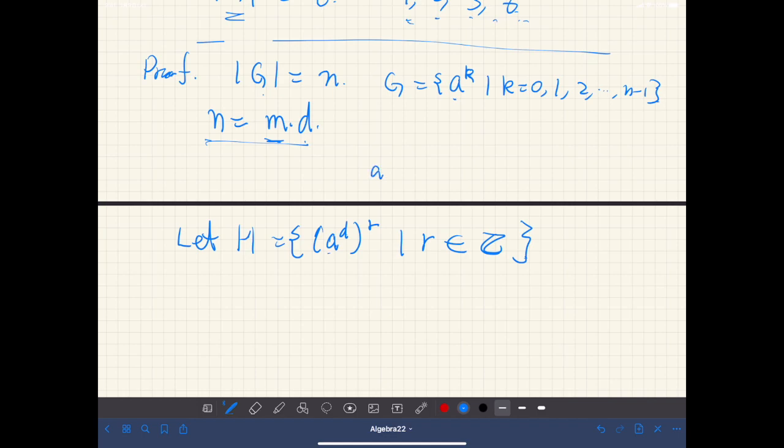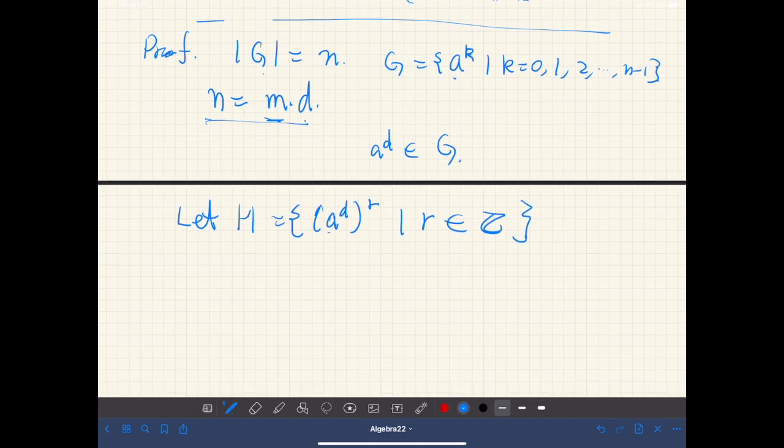And of course a to the power of d belongs to G. Now this d is this d. So a to the power of d to the power of m is a to the power of dm, which is a to the power of n, which is equal to e, because a is assumed to be the generator of G, and the order of a is n, so this must hold.